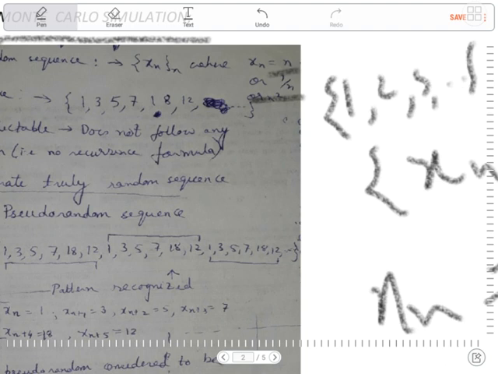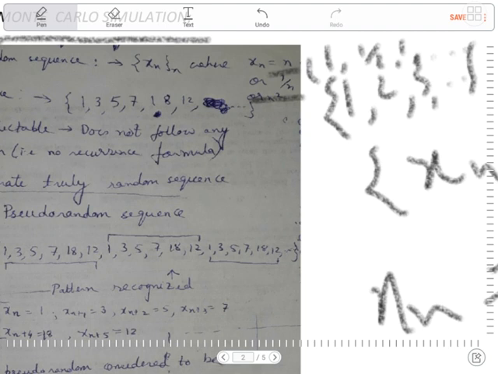And if I take 1 by n, then 1, 1 half, 1 by 3, up to 1 by n. So you have a recurrent formula which tells you what will be your x0, x1, x2. Once you have the recurrent formula, you have every knowledge about those numbers, that means you know the pattern of the numbers coming.